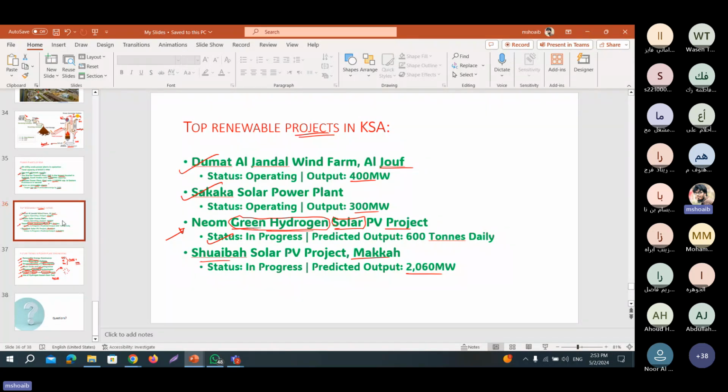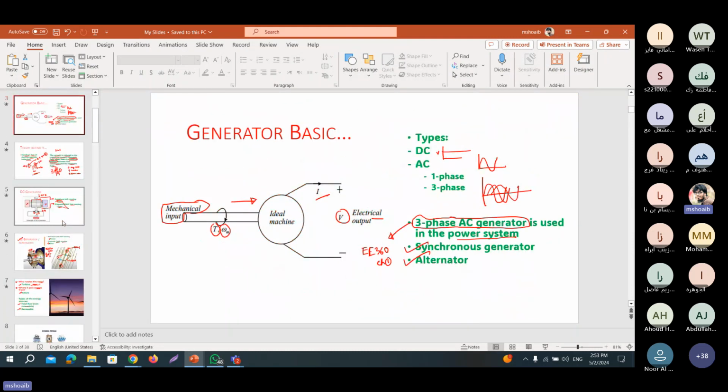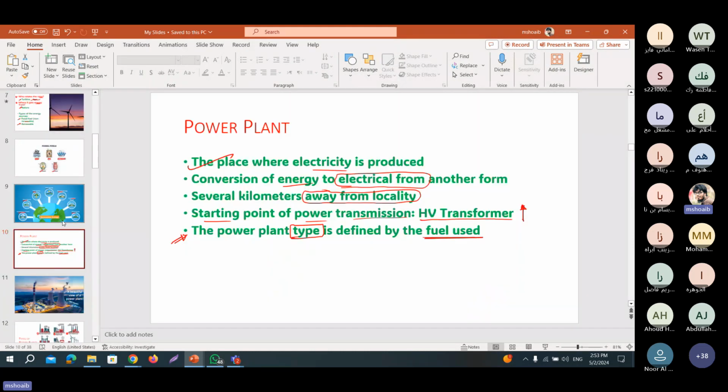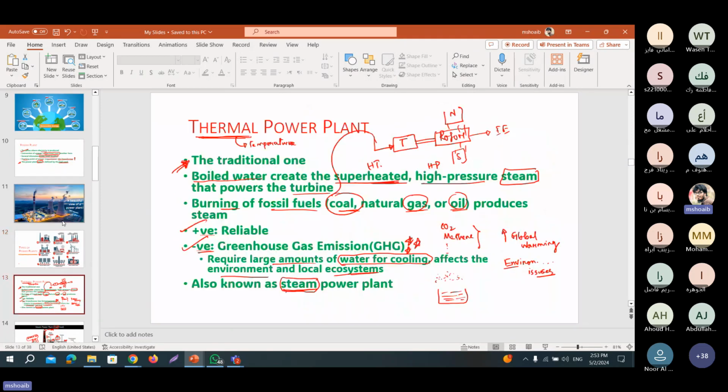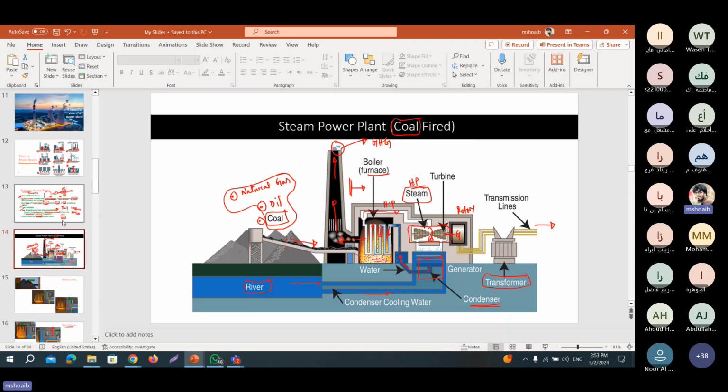But the ones I have shown here, if I go back and go through them, the mostly used one is the thermal power plant, or steam power plant, which is mainly run by fossil fuels: gas, oil, or coal.